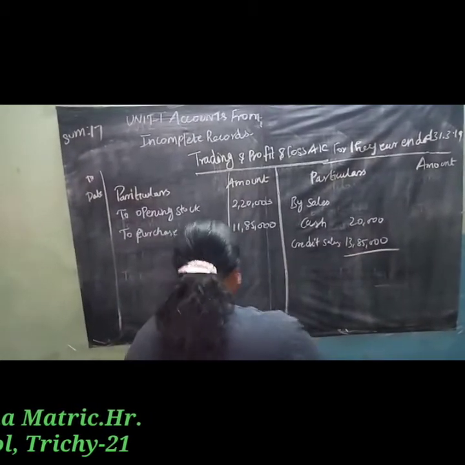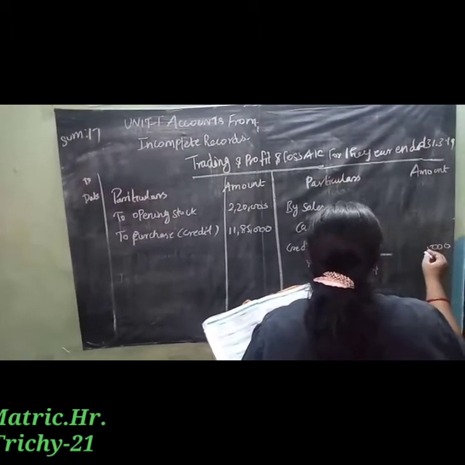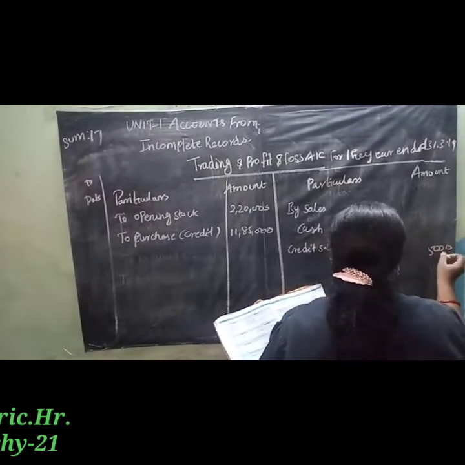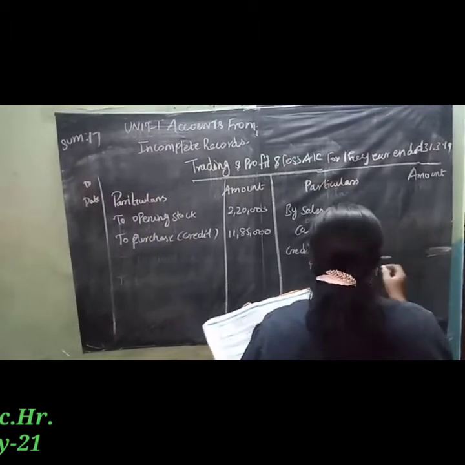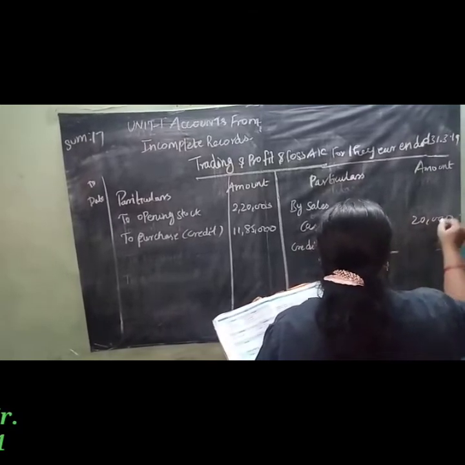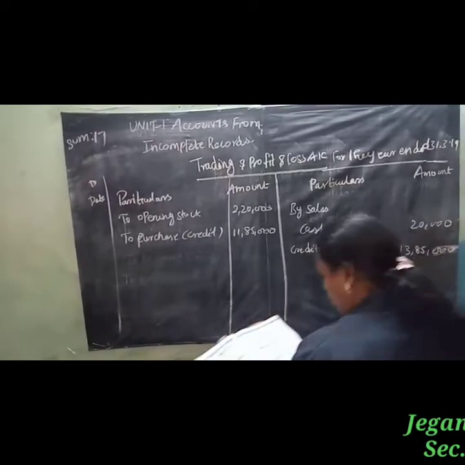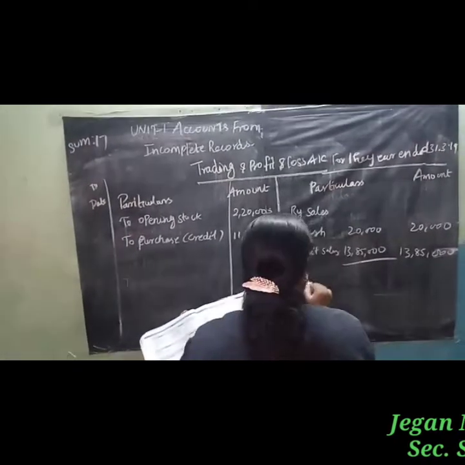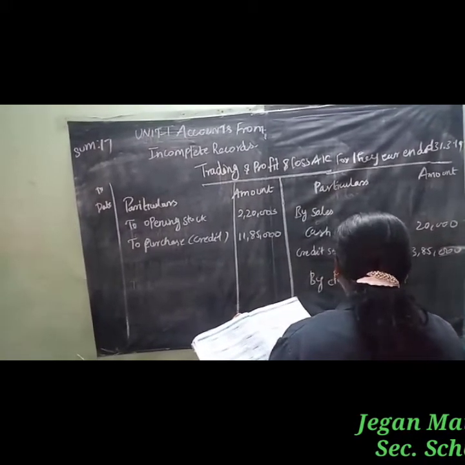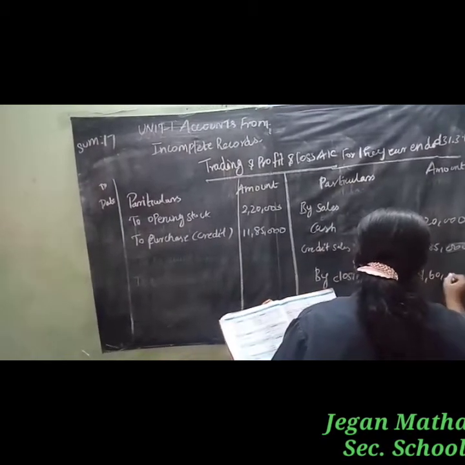Next, by closing stock, already given, 1,60,000.